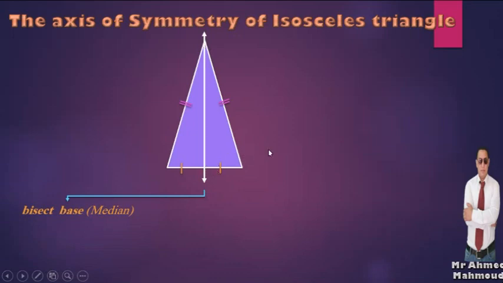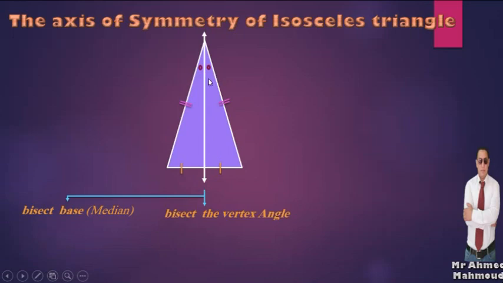The second property: because this line divides the vertex angle into two equal angles, it bisects the vertex angle. For example, if the vertex angle equals 40, it is divided into 20 and 20.